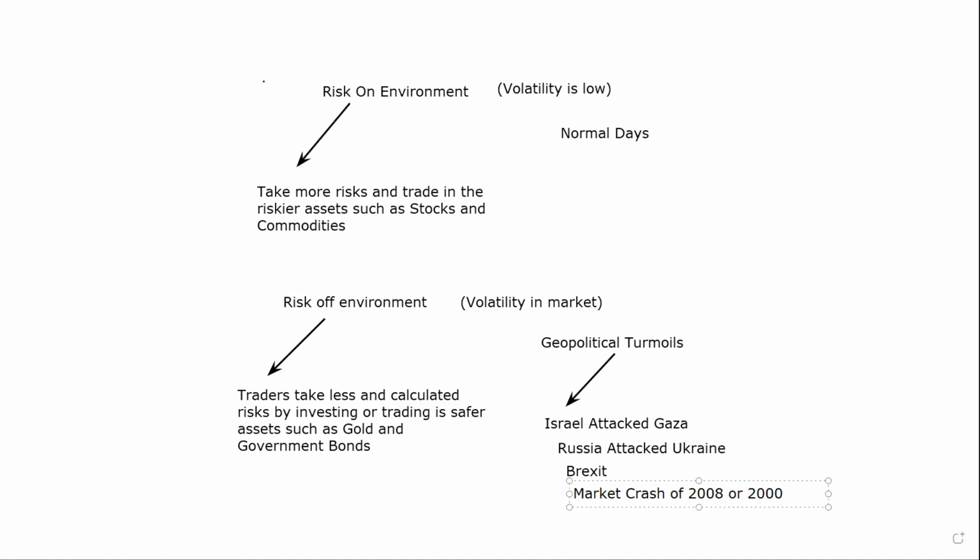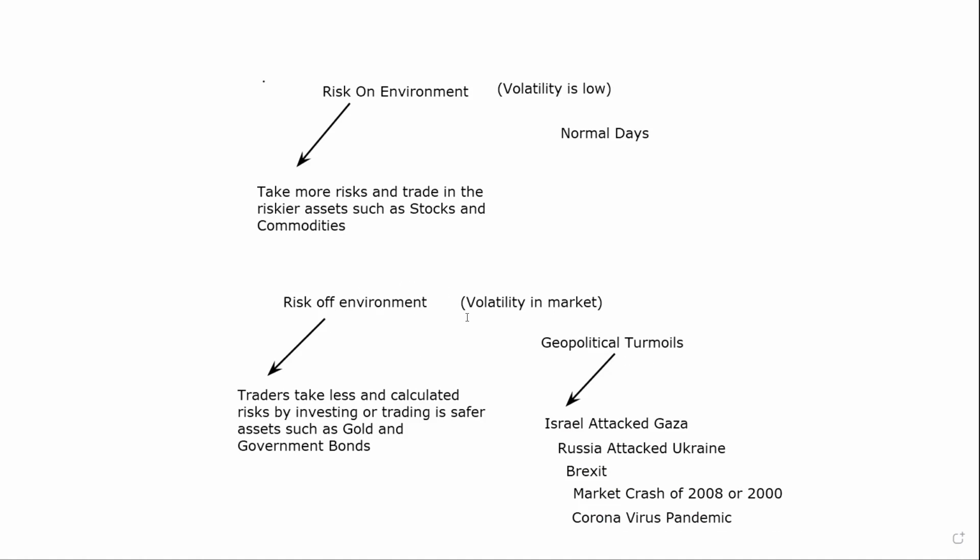So the traders at that time were employing the risk off environment. And the other one, which is also very famous, is the coronavirus pandemic. So the coronavirus pandemic is another example of geopolitical turmoil when the traders employ the risk off environment.